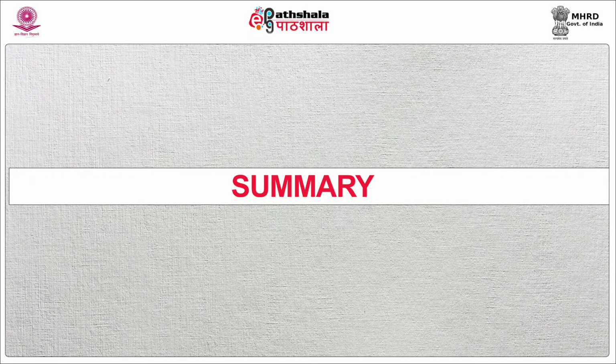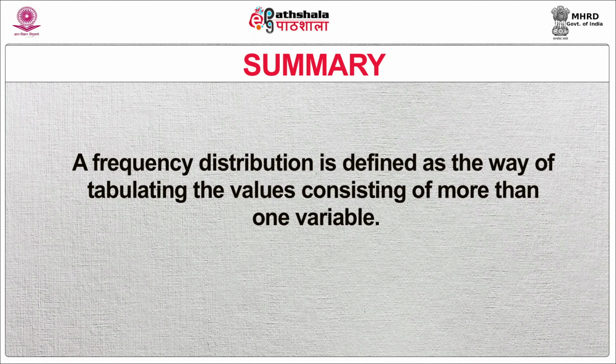Friends, let us now summarize the module. A frequency distribution is defined as the way of tabulating the values consisting of more than one variable. In other words, it refers to recording of data elements assigned to each category using scaling techniques, represented in a graphical or a tabular manner, exhibiting the number of data variables within a given class interval.